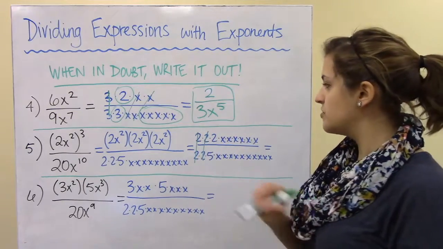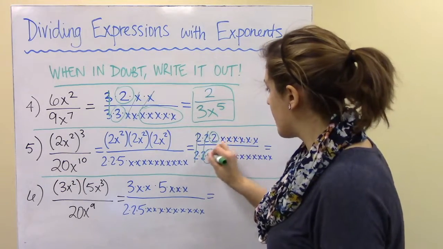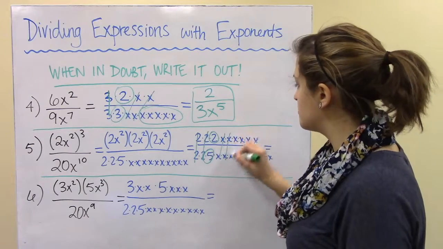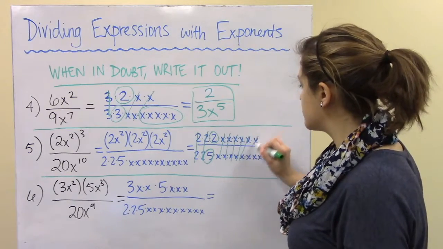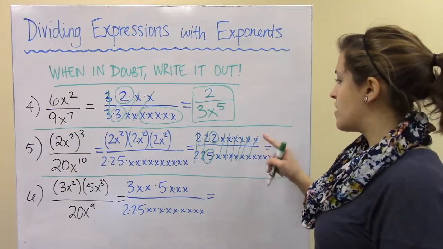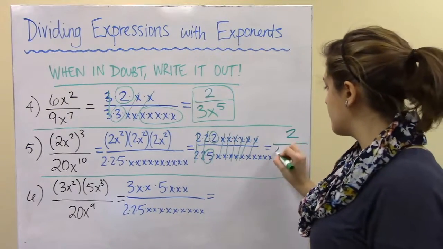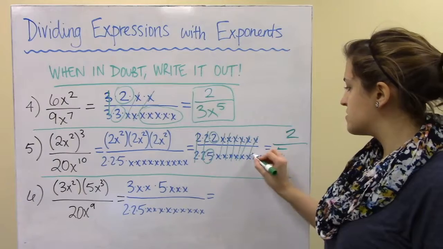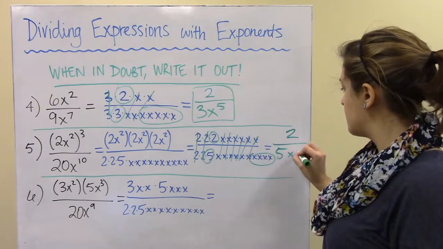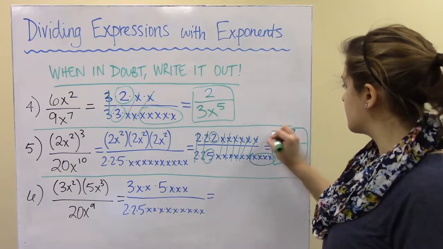I have 2 pairs of 2's, I'm left with a 2 and a 5, and then I can cancel 1, 2, 3, 4, 5, 6 of my x's. So now on the top I only have 2, and in my denominator I have 5 times x to the 4th. 2 over 5 times x to the 4th.